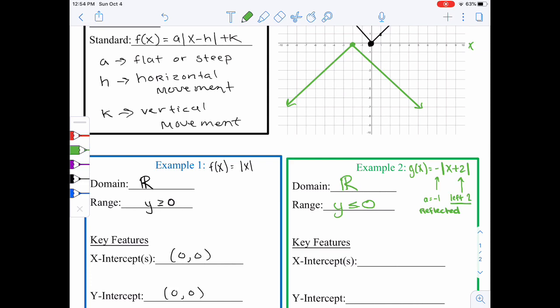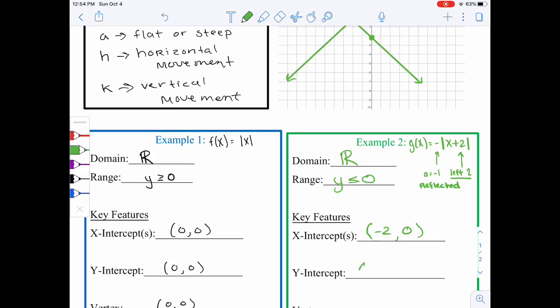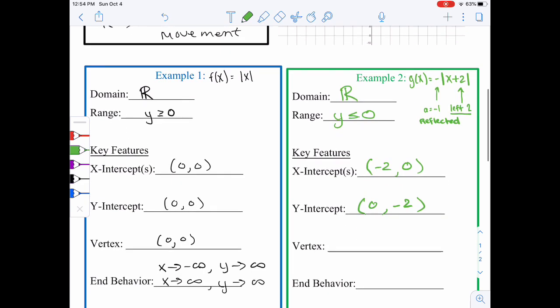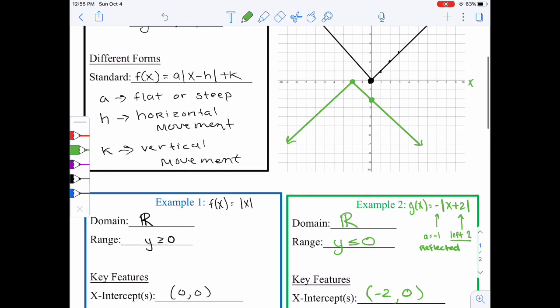It has an x-intercept at (-2, 0), and it has a y-intercept right there at (0, -2). Its vertex happens to be (-2, 0). That's this point right here, the vertex.